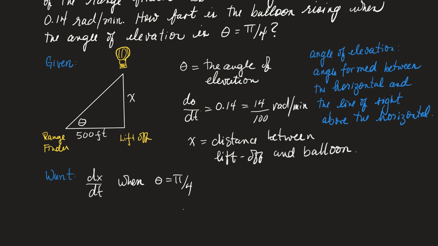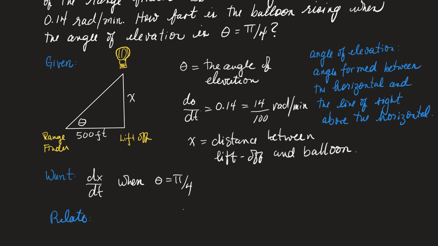Now remember, theta is a variable. It is changing, so we can't just go and plug in theta equals pi over 4 from the outset. We will do that at the end when we're thinking about that specific moment. Let's go to our next step. So the next thing we want to do is relate our variables.